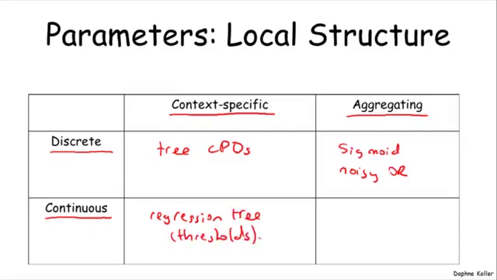And that is a context-specific version of a continuous CPD. And finally, the aggregating version of a continuous CPD, the Gaussian or conditional linear Gaussian, is an example of that. By the way, note that the conditional linear Gaussian that we talked about is context-specific on the discrete variables.